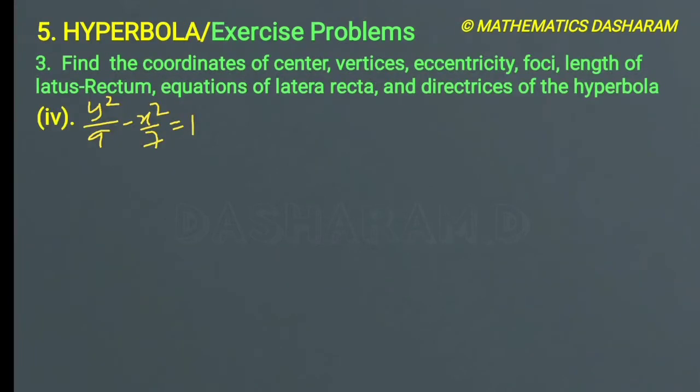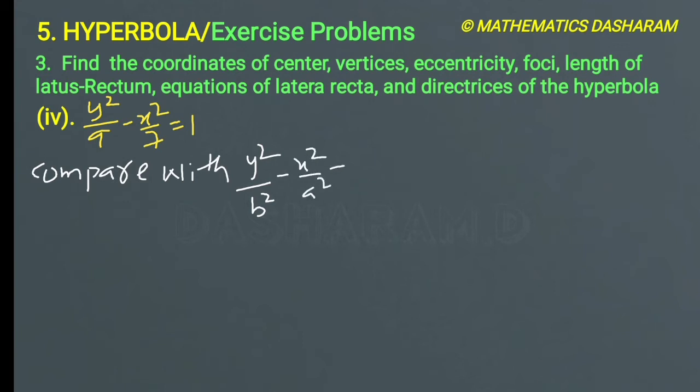Fourth question, y square by 9 minus x square by 7 equals 1. Let's compare with the standard form of a hyperbola. It is a conjugate hyperbola, so its standard form is y square by b square minus x square by a square equals 1. So then b square equals 9, then b equals 3.